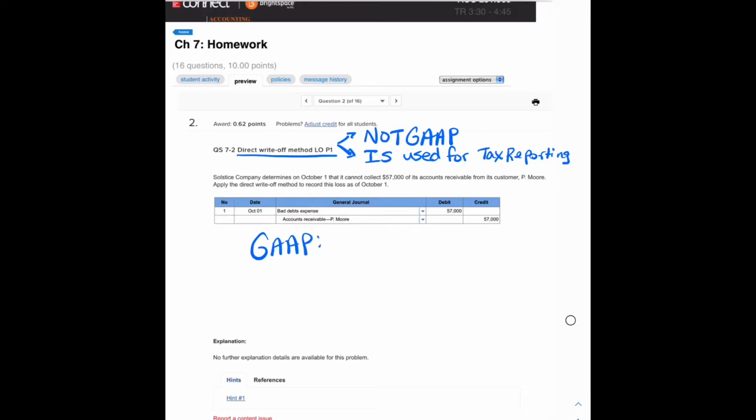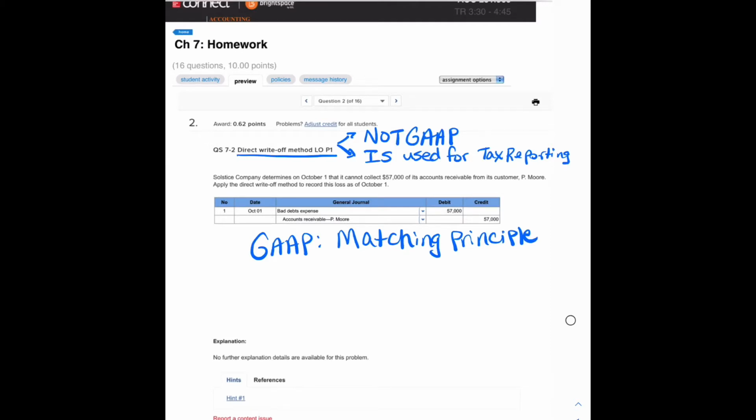So what's going on here is GAAP is very concerned with what we call the matching principle, which says I want to make sure that I match any expenses to the revenue that they helped us generate, which means if I record a sale in year 1, then the cost related to that sale arising from this inability of our customers to pay should also be placed in year 1.